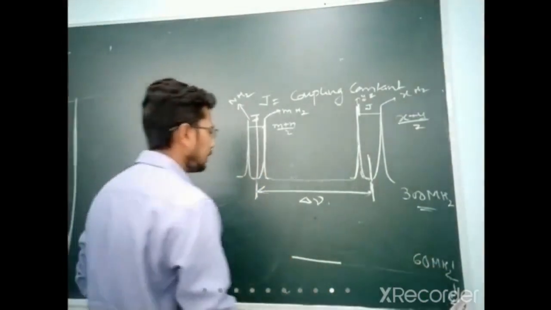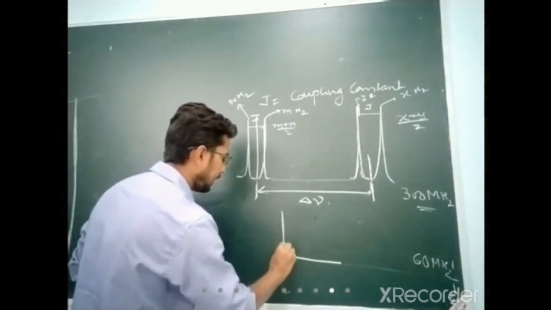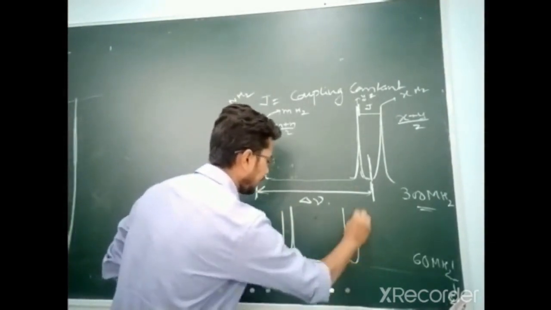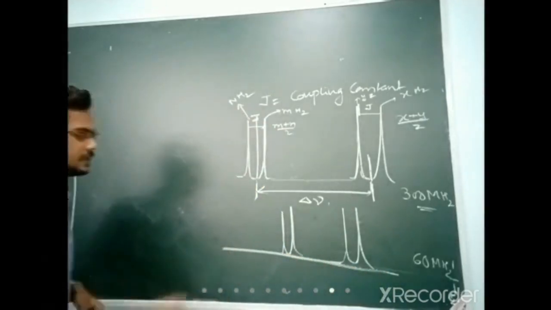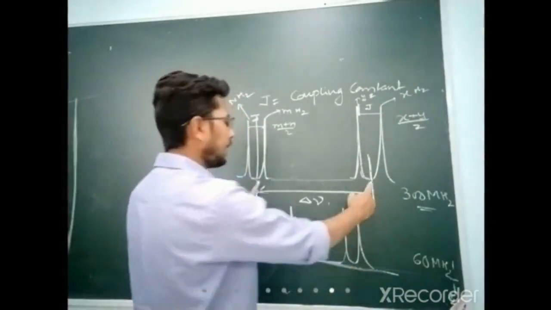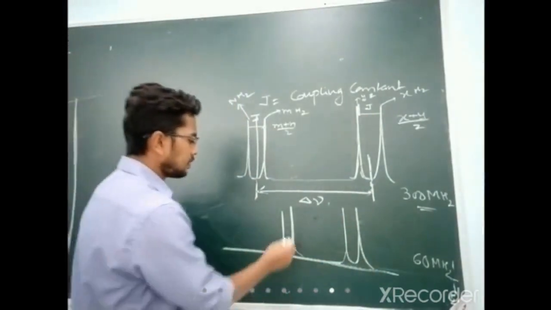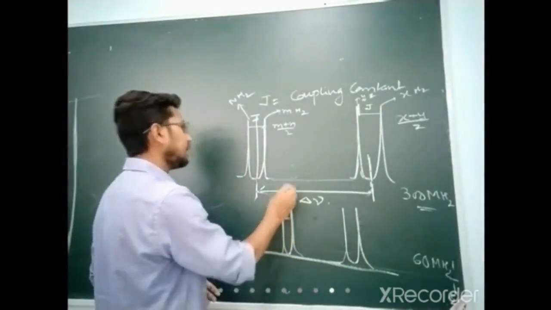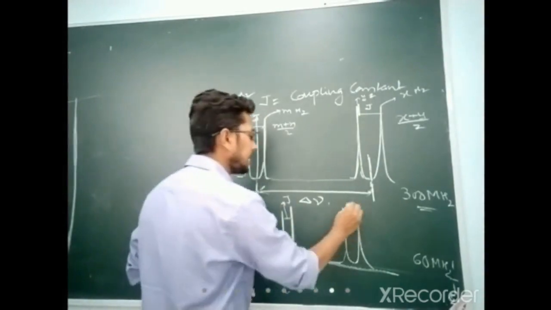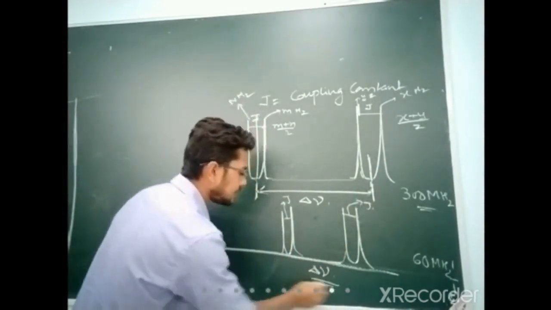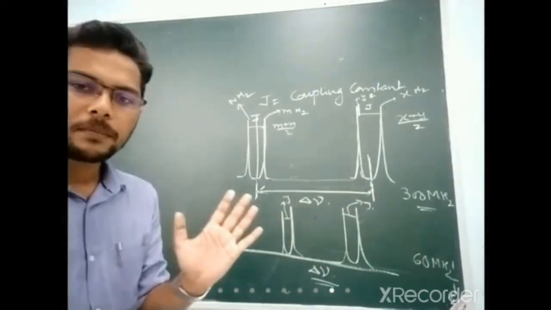Now you get a peak here and here, and so your spectra will be like this. But this is 1 unit, and this is also 1 unit in 60 megahertz. Now this is still J. So this J value is still the same. The only difference is that the delta nu value has become less here.